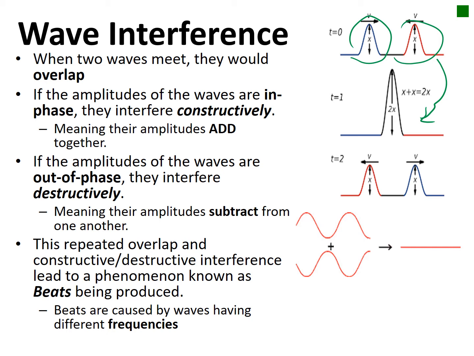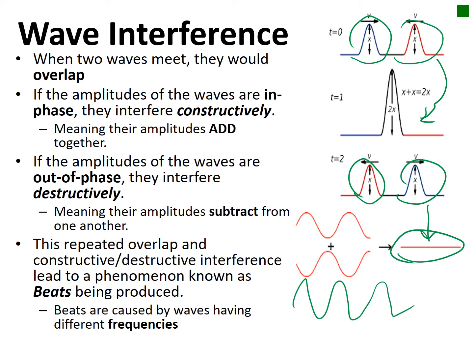And when you have out of phase, they are destructive and they totally subtract one another. When you get these ups and downs and they overlap in unique ways, you get what we call beats when they cancel each other out in different ways, and not perfectly where it's perfectly either constructive or destructive.